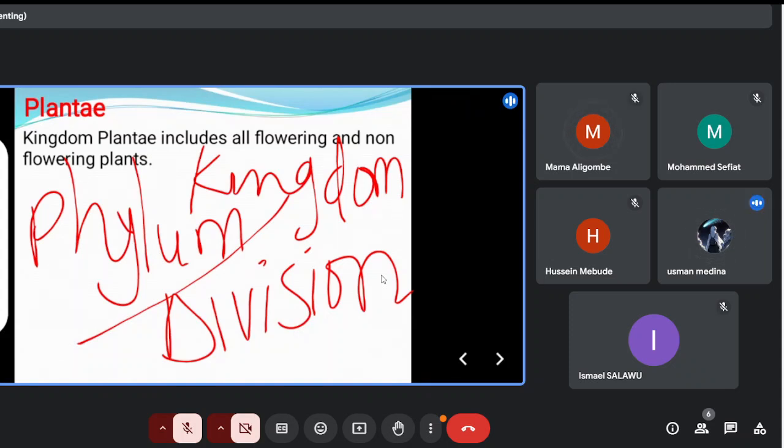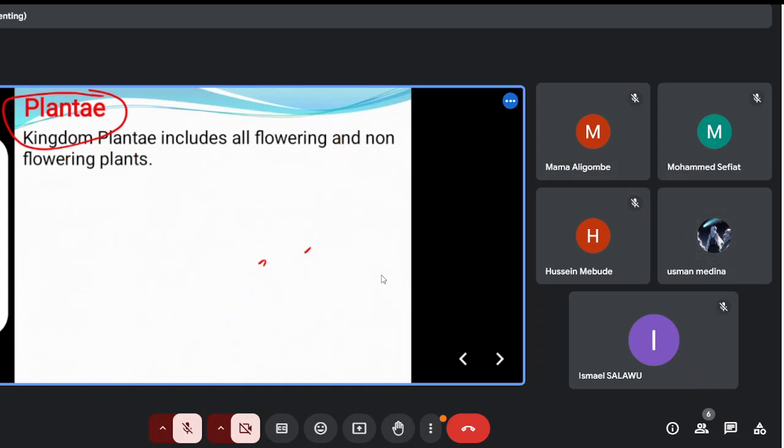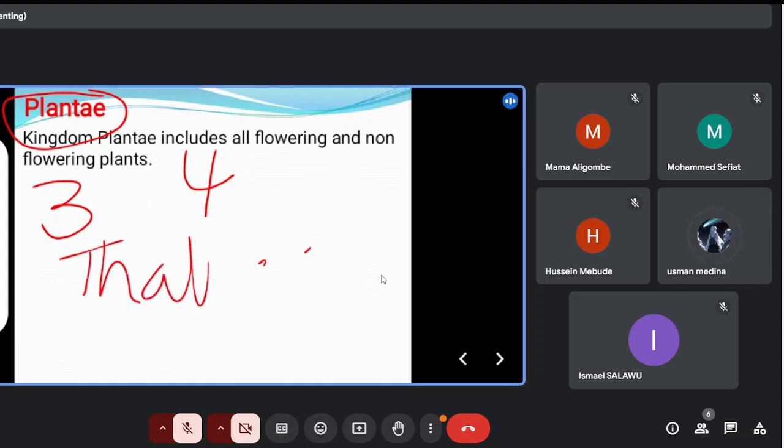Now let us look at the major divisions of the kingdom Plantae. Depending on how you feel like placing them, we have three major divisions, or you can say we have four. I will explain how you can say three or four. If you are saying you have 3 divisions of plants, then you are considering the first division, which is the thallophytes.